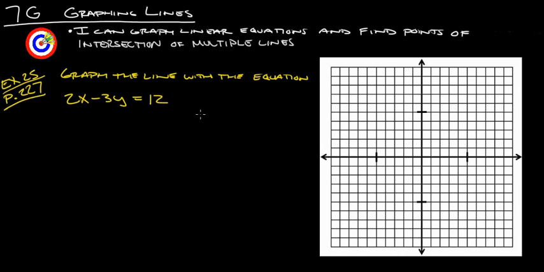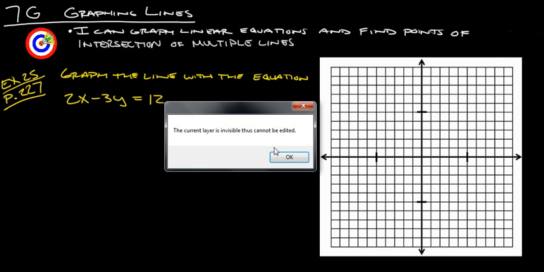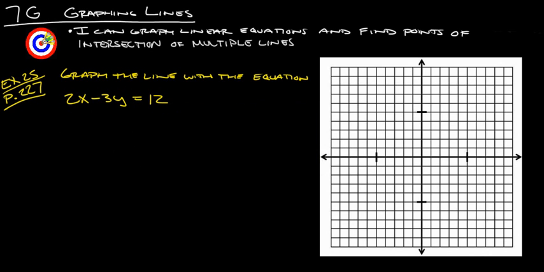Next one here, graph the line with the equation 2x minus 3y equals 12. A couple ways you can do this. The first way I'm going to show you is to solve this equation for y and do like what we just did on the first example. First thing I'm going to do is subtract 2x from both sides, and we get negative 3y equals negative 2x plus 12.